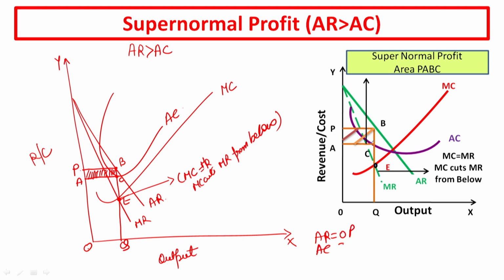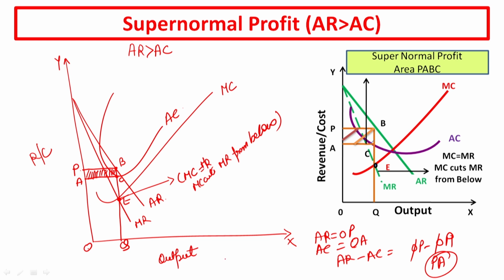And your average cost is OA. So when you subtract average cost from average revenue, it will give you OP minus OA, that means the O is cancelled, so PA is the per unit profit you are getting for a unit level of output.